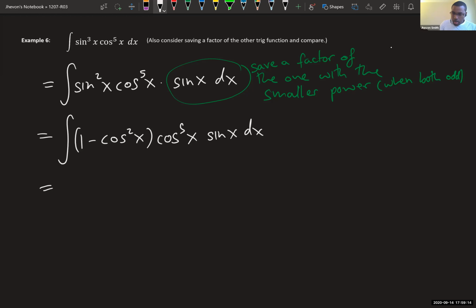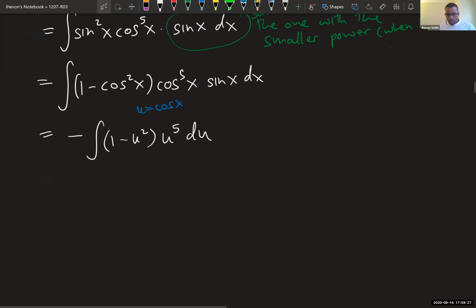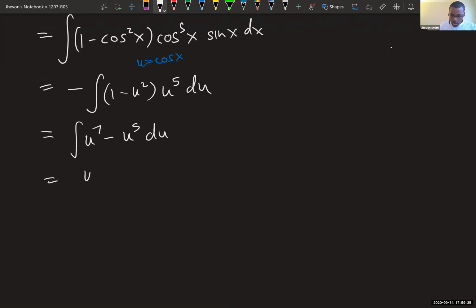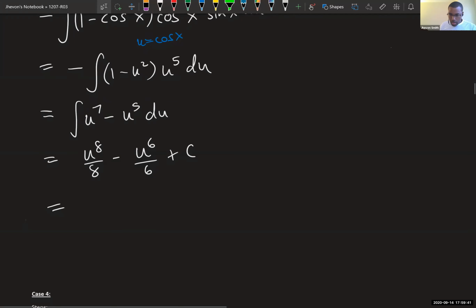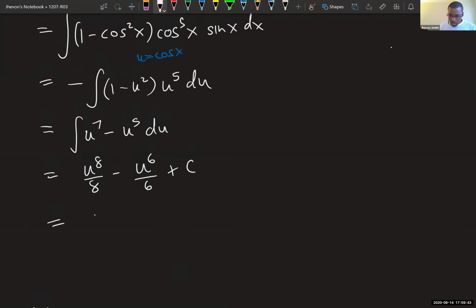Which means if I do a substitution, u equals cosine, then this is going to end up being negative 1 minus u squared times u to the 5th du. And so that is going to be u to the 7th minus u to the 5th du. That's going to be u to the 8th over 8 minus u to the 6th over 6 plus c. And my u was cosine.